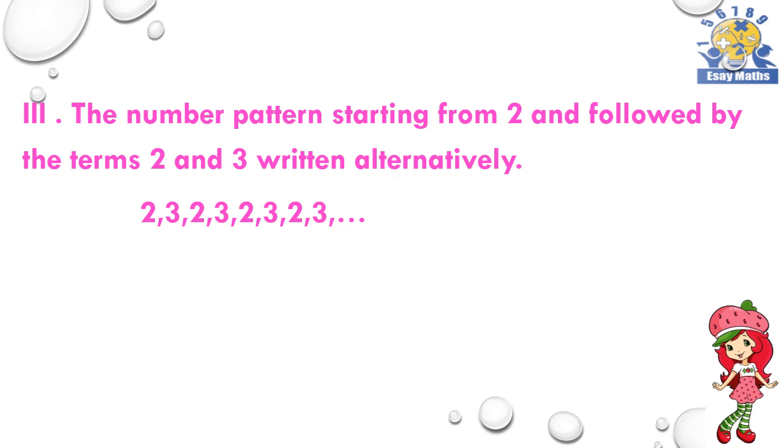We should put the comma sign to separate the terms, and we should put the comma sign at the end of the number pattern and ellipsis. It means 3 dots. This is an infinite number pattern.